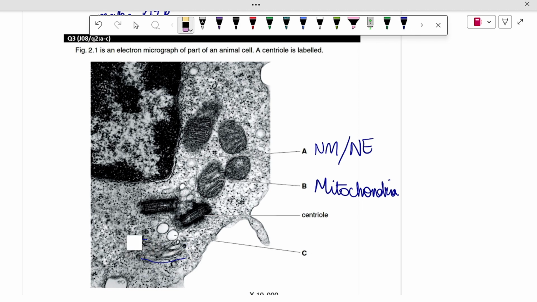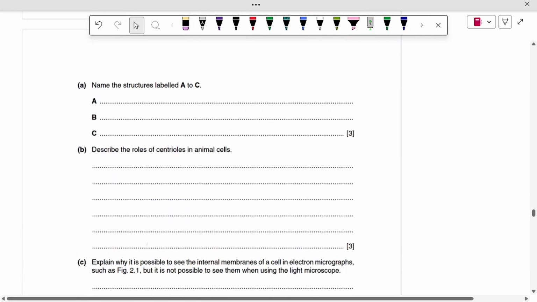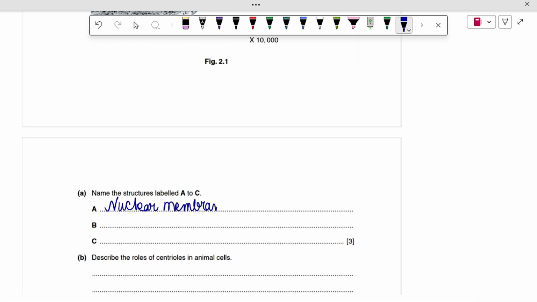So you can either write this as your lysosomes या फिर Golgi vesicles, दोनों ऑप्शन पॉसिबल हैं. So A is your nuclear membrane, B was your mitochondria, and C is your Golgi vesicle.